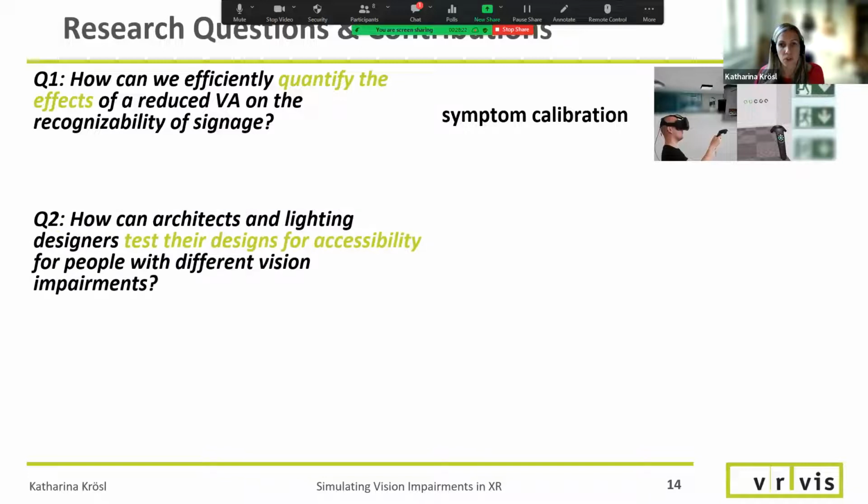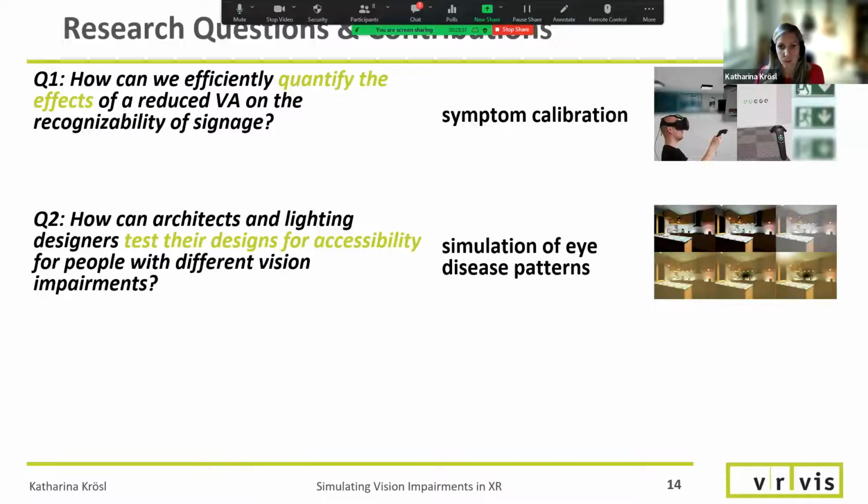But we also want to enable architects and lighting designers to easily test their designs for accessibility for people with different vision impairments. This is why we developed an effects pipeline to simulate not just a single symptom like reduced visual acuity, but whole eye disease patterns such as cataracts, macular degeneration, or cornea disease, which are a combination of multiple different symptoms.